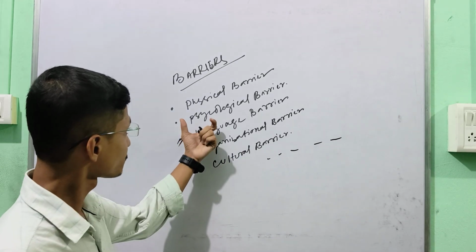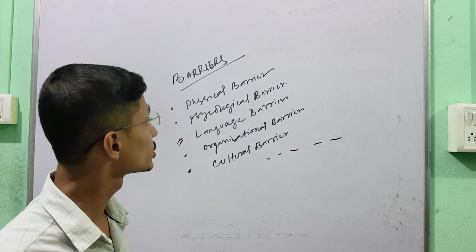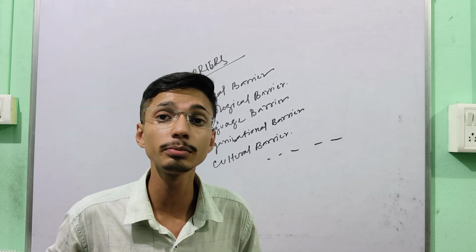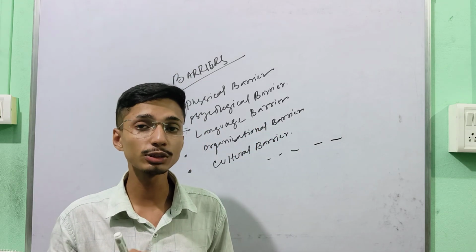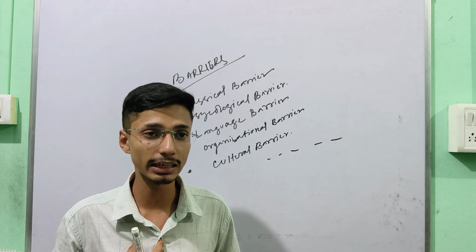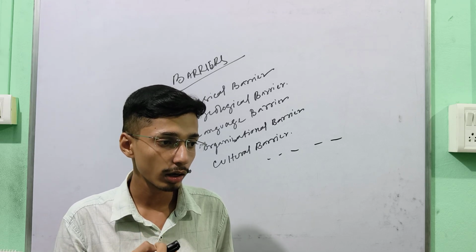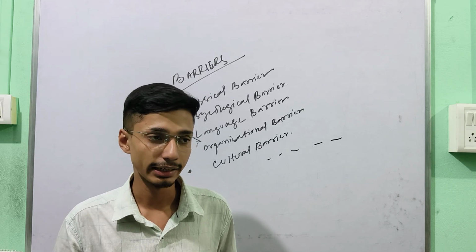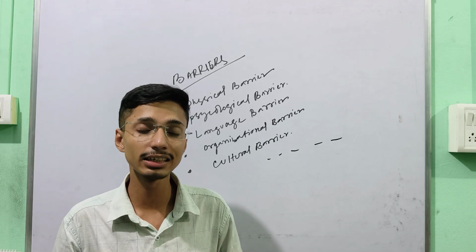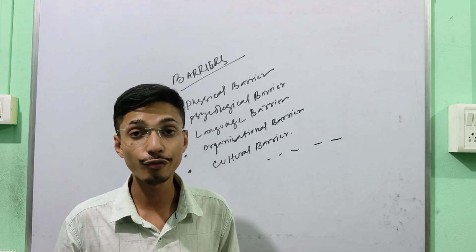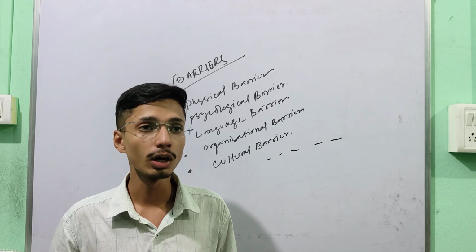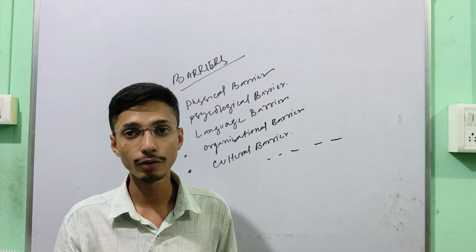The third barrier of the communication process is the linguistic barrier, as I mentioned in my earlier topic. Suppose I am an Indian who is more confident and fluent in Hindi. For example, I am the sender and the receiver is from France, so he is most fluent in the French language.